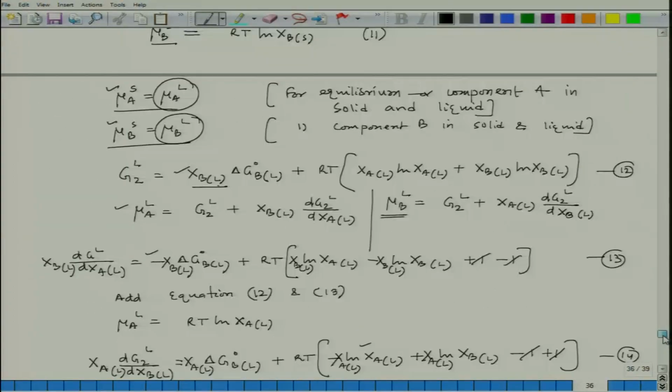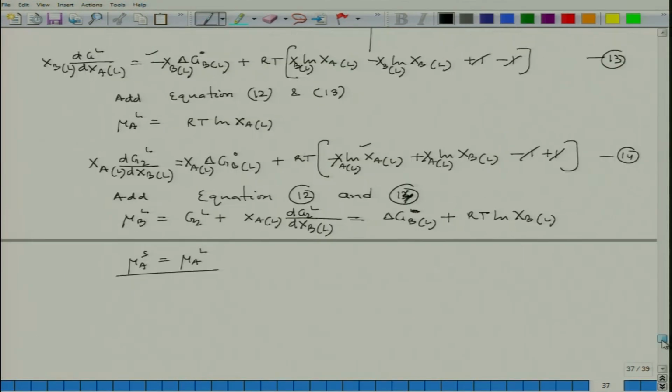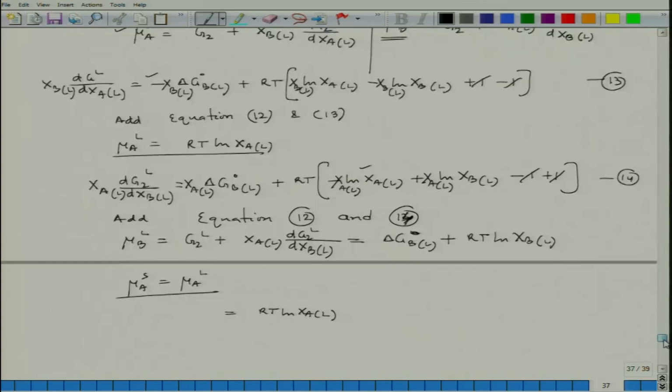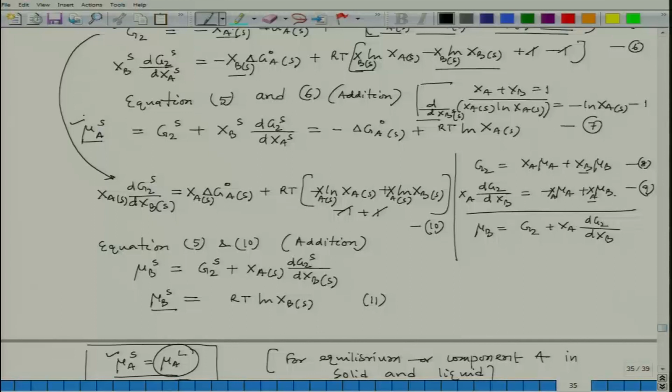Now I can use these equilibrium conditions. So now my equilibrium conditions are mu A solid equal to mu A liquid. I can get the mu A liquid equation as this one. So RT ln XAL is equal to, I have already calculated mu AS, which is this one.